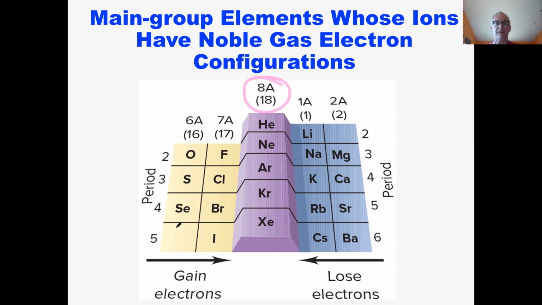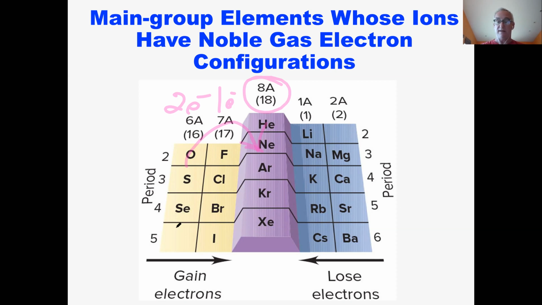But the point being made here is that the non-metals add either 2 electrons or 1 electron to achieve the number of electrons of the noble gas in that same row, in that same period.